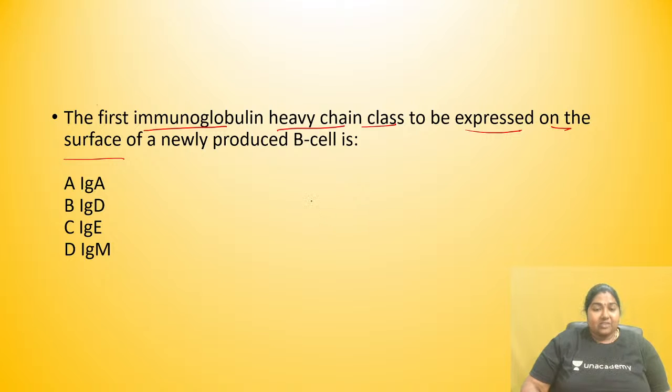Good, everyone. Come on, let us complete this. So the first immunoglobulin heavy chain to be expressed on the surface of the newly produced B cell: is it IgA? Of course. Yeah, Satish. So it is going to be IgD, IgE or IgM.